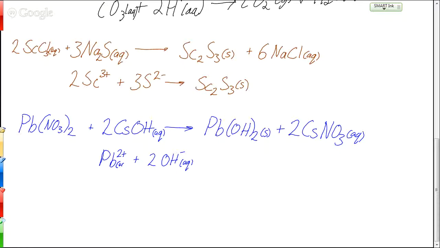Should both be aqueous, by the way. Now that's lead hydroxide, solid lead hydroxide. Can you do this? Feel good about this? Maybe? Okay. Great. What do you want to do next?